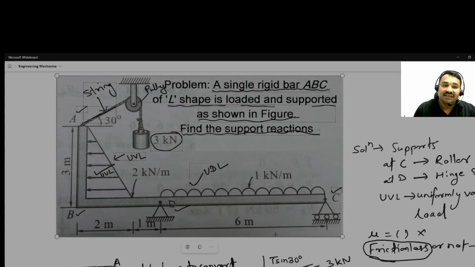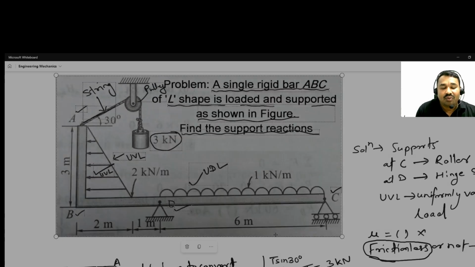So what is our approach? We have to convert either UVL or UDL into point loads, and then draw the FBD after removing the support reactions.